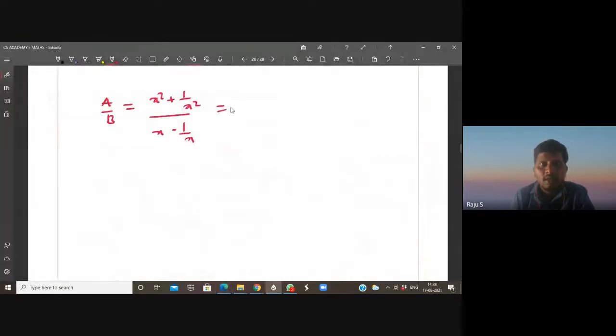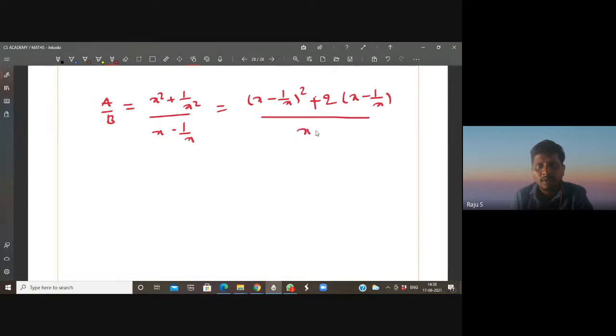Right. Shall I write the numerator as (x - 1/x) whole squared minus 2 times, or plus 2 times, what shall I write? x - 1/x. Students, is it okay? Divided by x - 1/x.